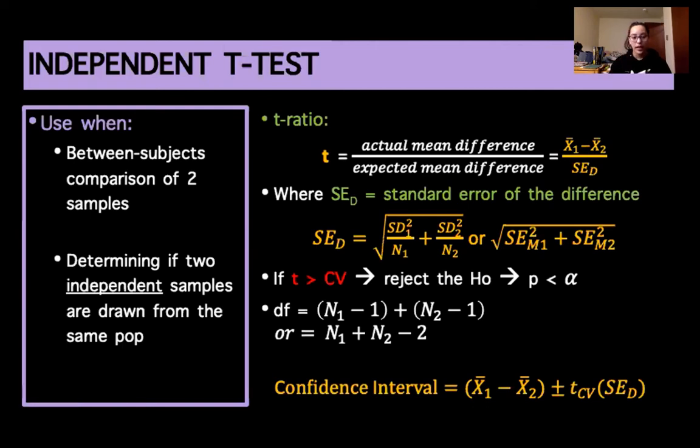Okay. So this can be calculated by looking at the square root of the sum of squared standard error of the means for each sample. It's very difficult, but you can see standard deviation divided by, usually we see the square root of n, right? That is our standard error of the mean.